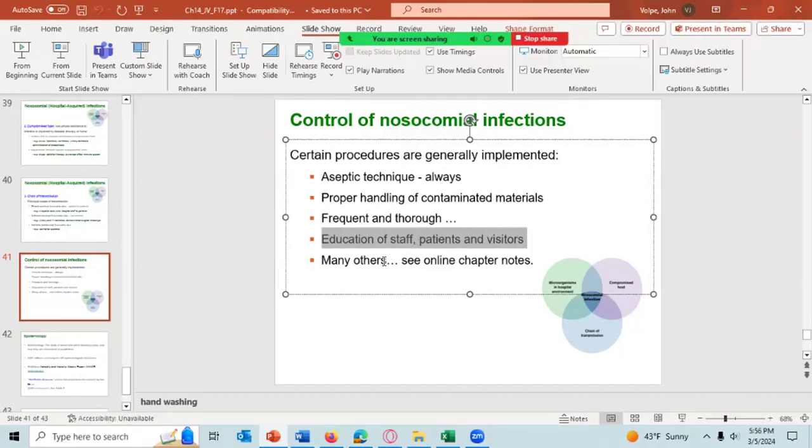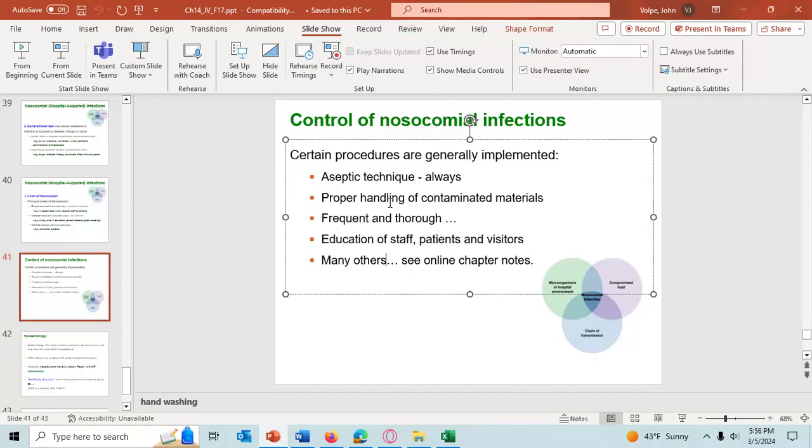There are many other ways to control nosocomial infection agents. See the online chapter notes for further discussion of that. Any question about nosocomial infections? As I stated, they are a major concern in the hospital.